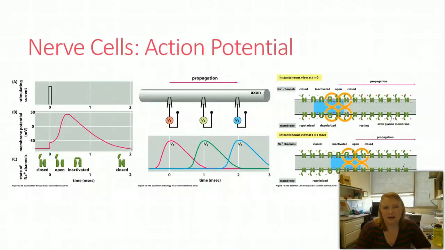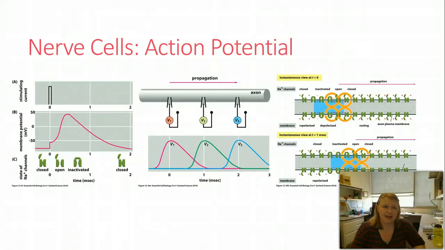So let's talk about how nerve cells conduct signals. We've talked a lot about action potential and membrane potential. Action potential is very similar, but it is different because it's self-renewing, versus membrane potential, which is not. So let's look at an example of how this action potential is generated using sodium channels.